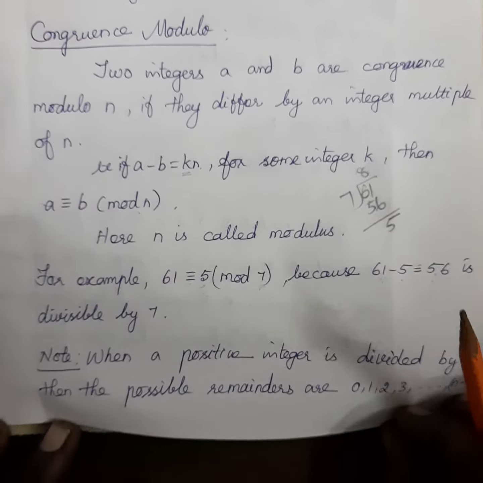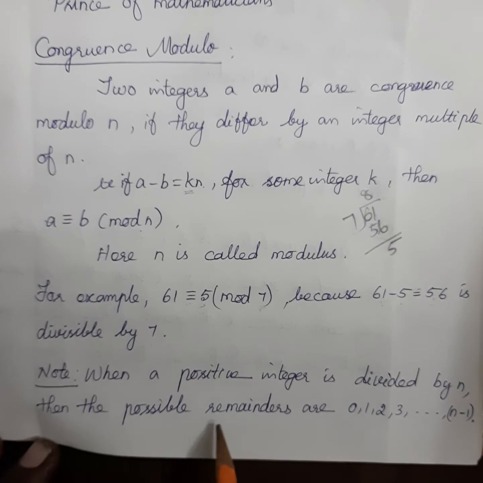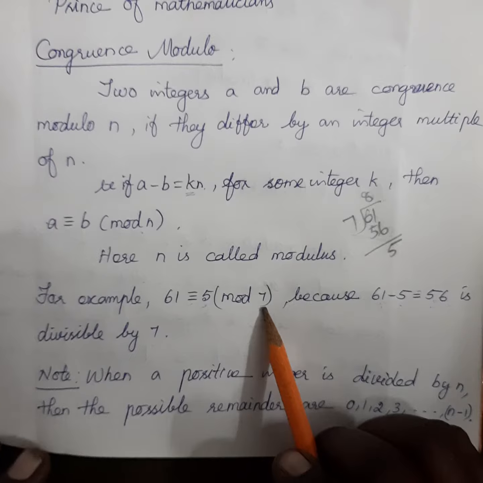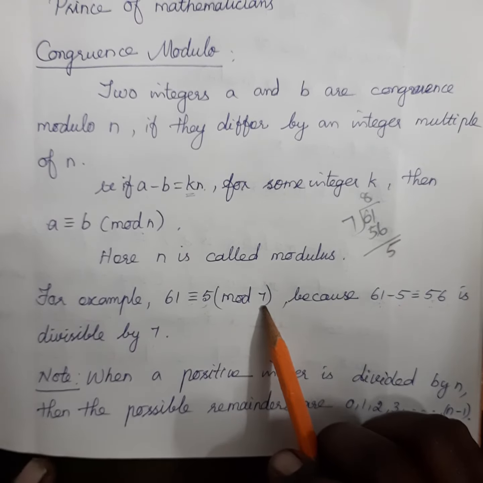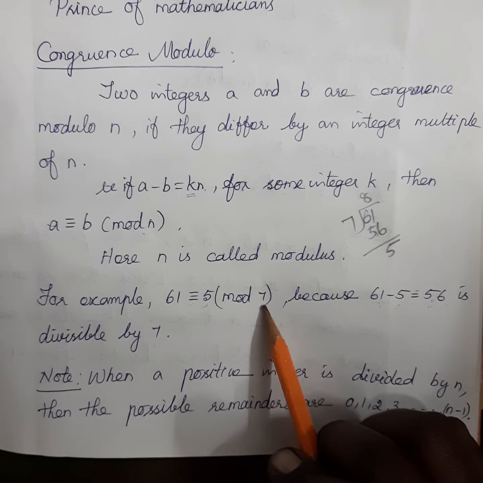Here we have a note. When a positive integer is divided by n, the possible remainders are 0, 1, 2, 3, up to n minus 1. Depending on the modulo value, we will get the remainder. Here the modulo is 7, so the remainders you will get are 0 or 1 or 2 or 3 or 4 or 5 or 6. More than 6 is not possible.